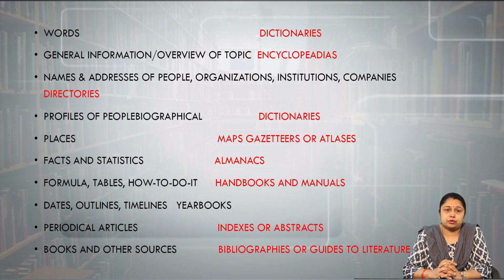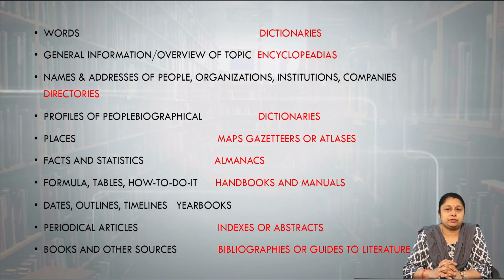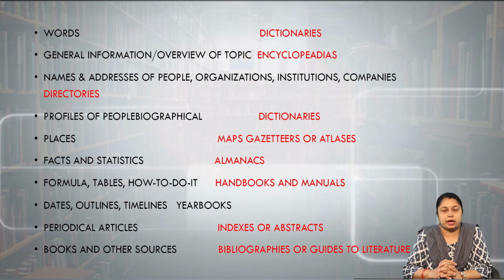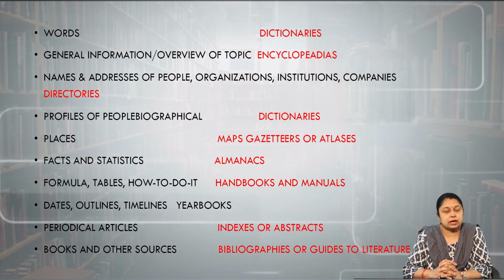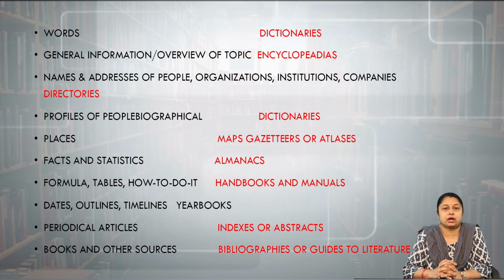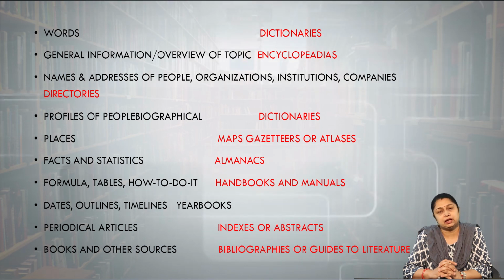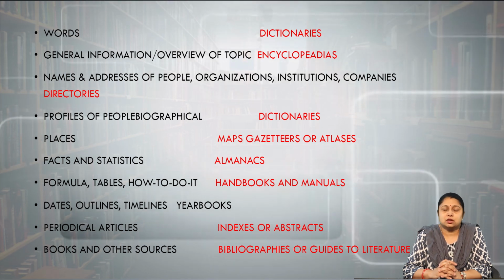If we are looking for periodical articles, then we use indexing or abstracting periodicals. If we are searching for books and other printed sources, then we use bibliographies and guides to literature. So, this way reference sources have a wide range, and for each query we have to use a different type of reference source.